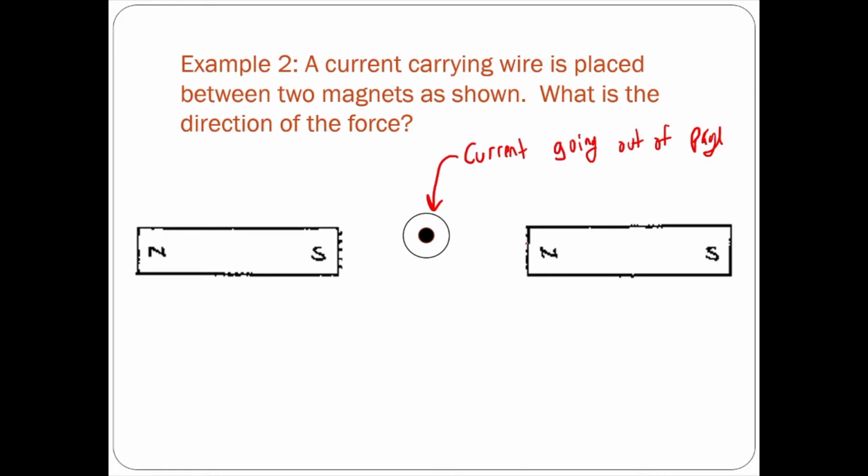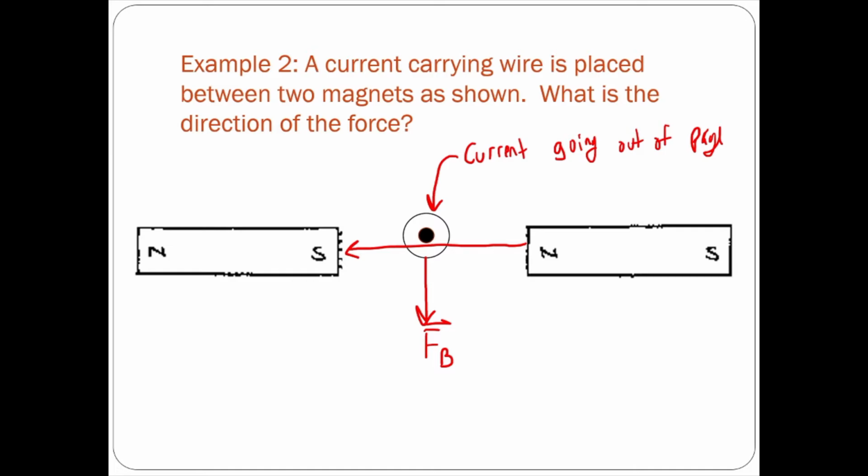The magnetic field goes north to south like that, so our fingers would point going from north to south, so I guess right to left. And the palm will tell us which way the magnetic force is going. In this case, my palm is pointing down, so my magnetic force is going in that direction. So I would expect this wire to be pushed down.